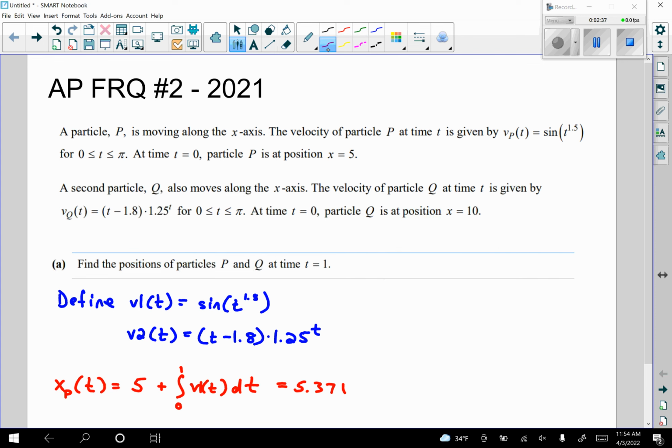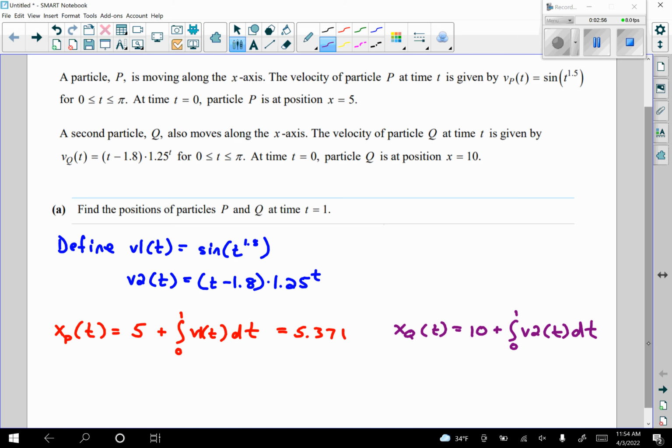And then we could do x sub q of t. That's going to start at 10. And then we're going to add however this is moving. So this again would be from 0 to 1. This would be v2 of t dt. So you'd want to go ahead and type that in. And this should turn out to be 8.564.